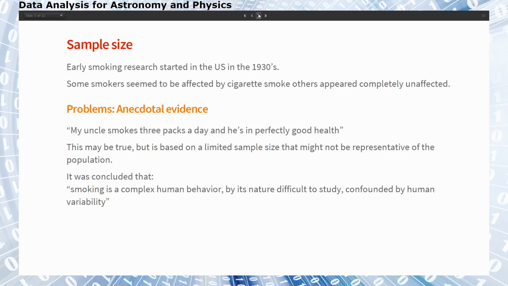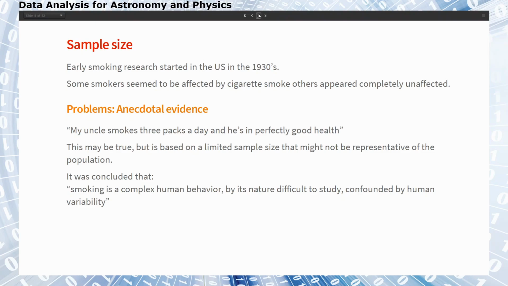A good example is that our sample size may be limited or may suffer from certain bias. Look at this example here of early smoking research looking for negative health effects of smoking.